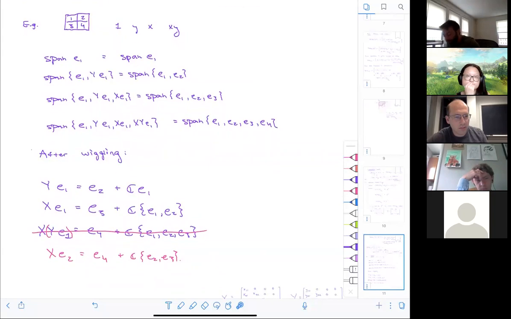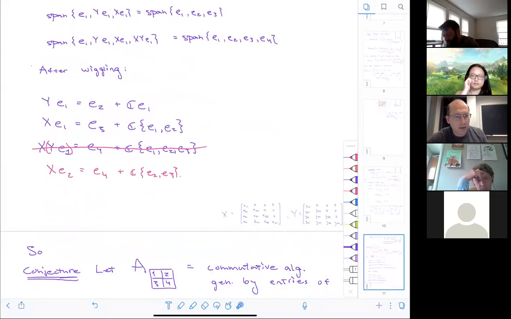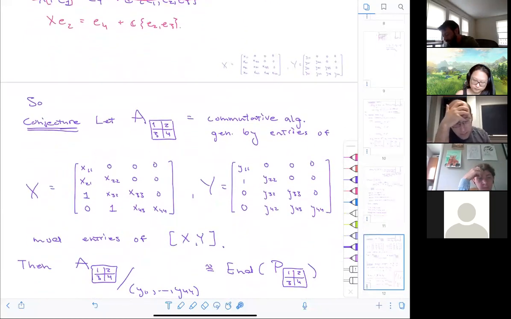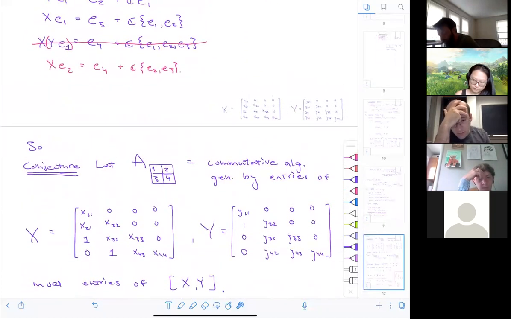And so the coordinate ring consists of, or at least the algebra that we're going to obtain, maybe inspired from this construction, is the following.